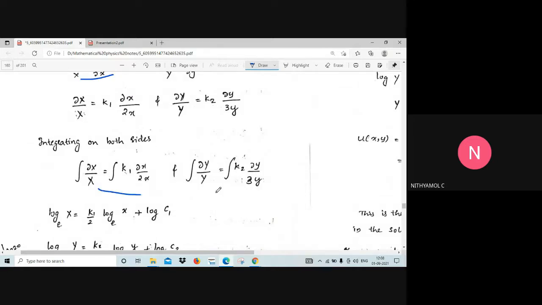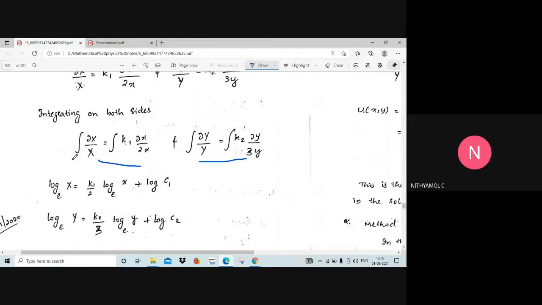Then in the first part, log X equal to k1 by 2 into log x plus log c1, and k1 by 2 is a constant. It is dX, because X depends only on x, and here also dY.